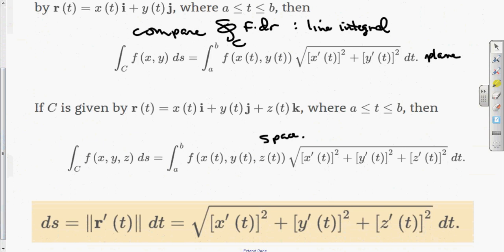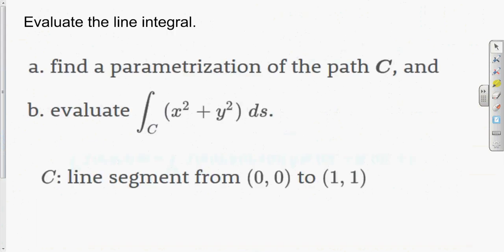Well, here's the first problem. It says find a parametrization of the path C, and then B, evaluate the line integral of x squared plus y squared ds. So this parametrization is simply, they're saying find r(t).